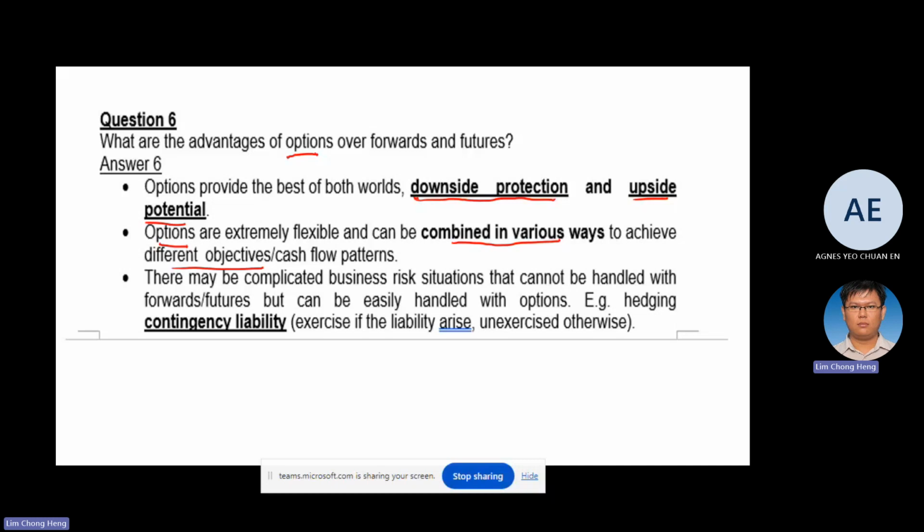Another, the third one, happens only in the OTC market: the business liability can be an underlying asset. Sometimes a company sets up an option, saying okay, I sell to a company, I cannot remember the name.